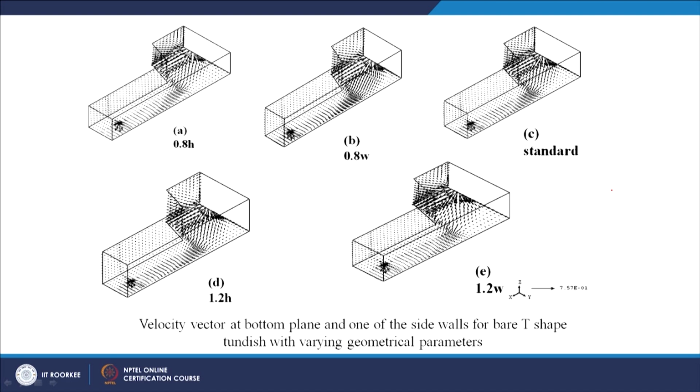Based on that, you then do the studies of the RTD, and with the help of RTD you can calculate the mixing parameters. This is again on the vertical plane, for the T-shaped Tundish.